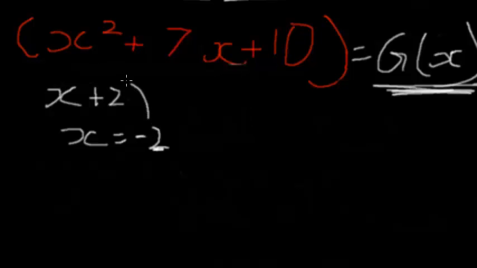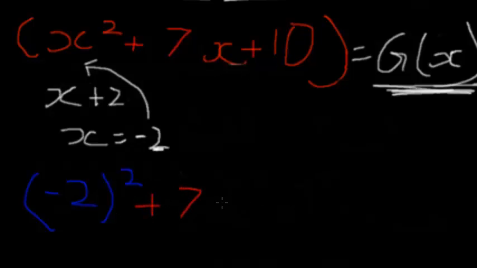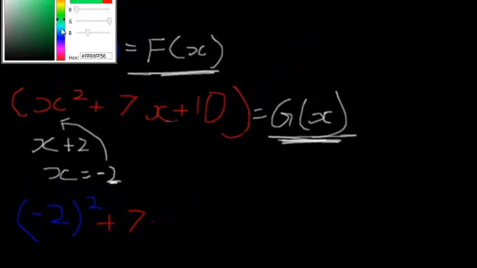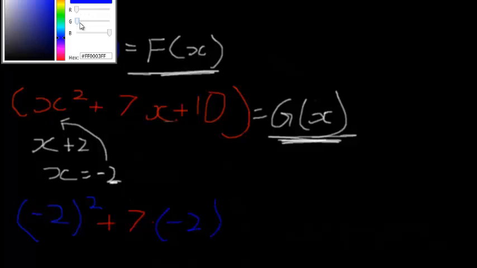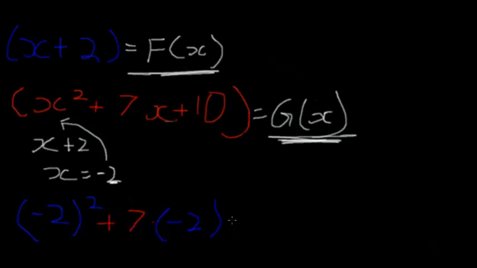Now we're going to put -2 into g of x, right? So let's have your color blue. So we have -2 squared, right, plus 7 times -2 in brackets, plus 10, right?